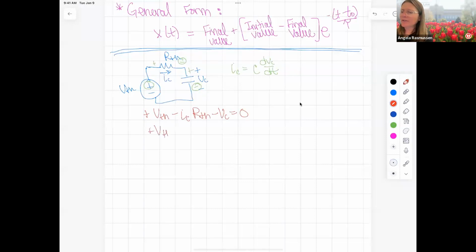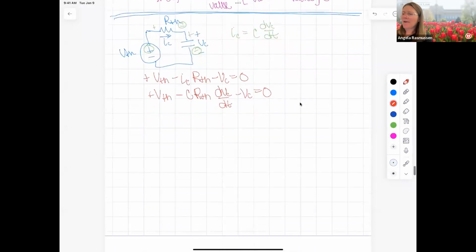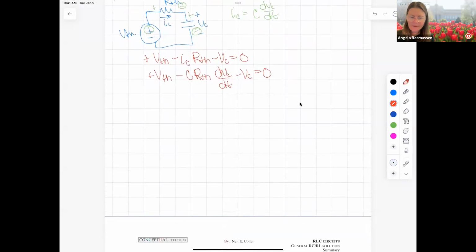And so you plug this into the IC, and so you have C times RTH times DVC over DT. And then we isolate the DVC DT.